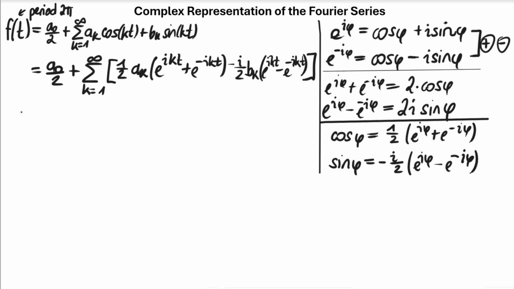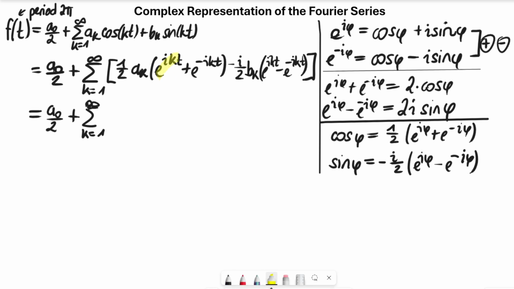So now we rearrange the terms. The sum remains. And now I'm identifying the terms that contain e to the power ikt, so here and here.